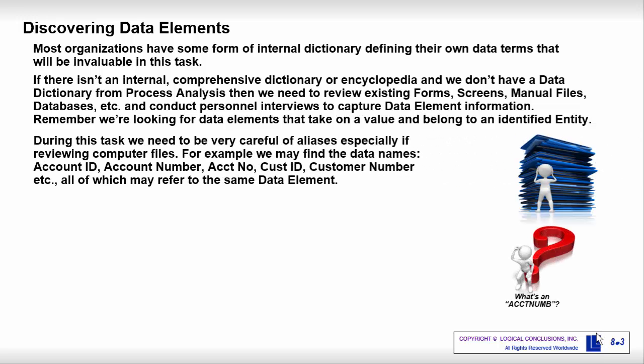During this task, we need to be very careful of aliases, especially if reviewing computer files. For example, we may find the data names account ID, account number, @no, cost ID, customer number, etc., all of which may refer to the same data element.